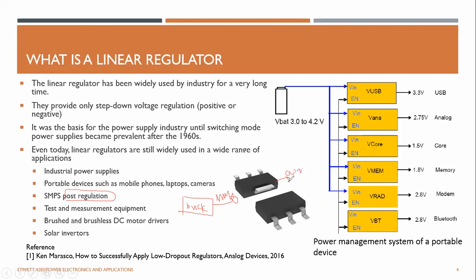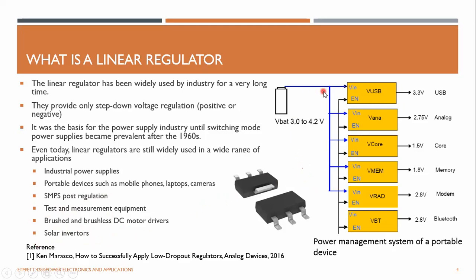You can get a clean and nice output by using linear regulators as post regulation. So they are combinedly used with switch mode power supplies. That's the point that I want to tell. They are also used in instrumentation, brushless and brush DC motor drives, and solar inverters.